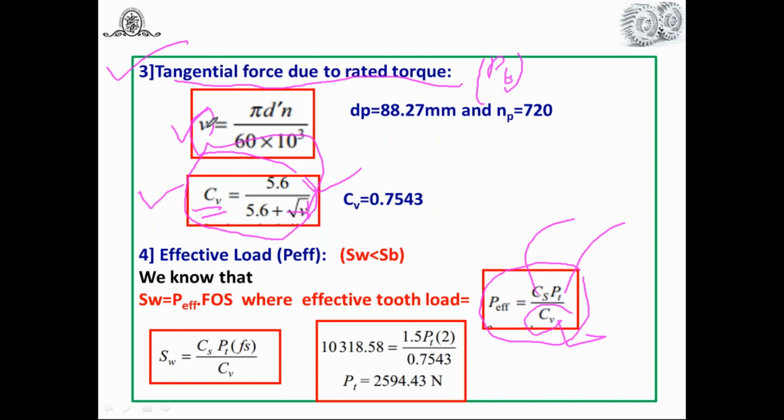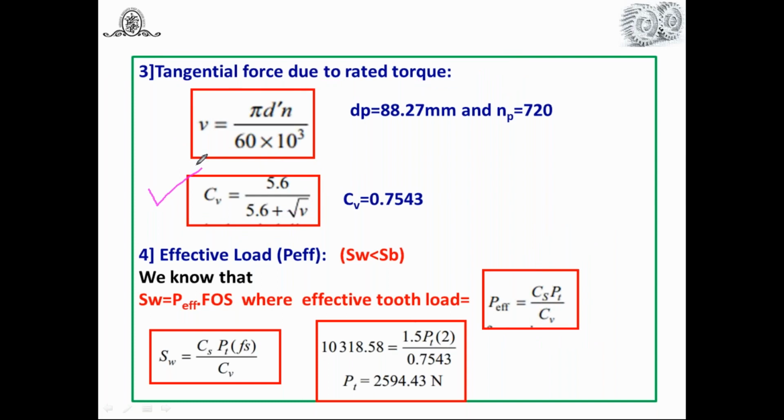When it is between 10 and 15 meters per second, there is another equation for the velocity factor, and likewise for greater than 20, up to 30, and greater than 30 meters per second. These are the different CV equations used in spur gear design. But remember one important thing: for helical gear, whatever the pitch line velocity, always use this expression.